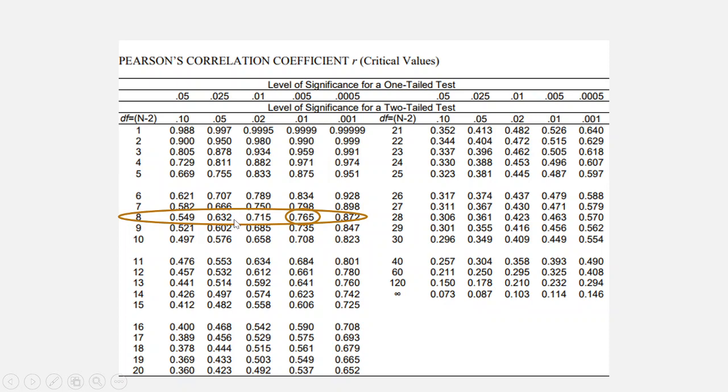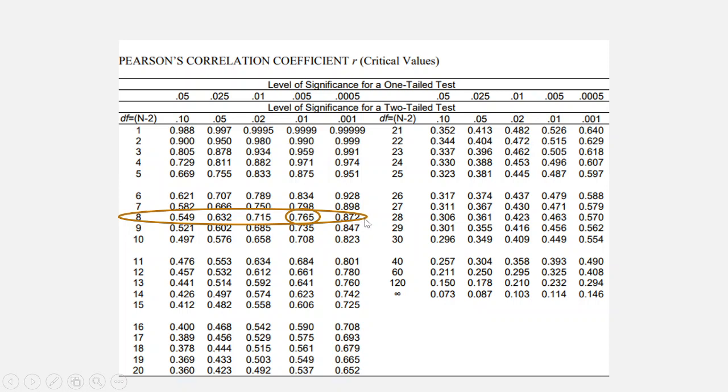But we also know that it made it past p equals 0.02 because 0.78 made it past 0.715. And it also made it past p equals 0.01, which is what SPSS told us, right? An r value of 0.78 even makes it past this p equals 0.01 bar, which you know because our obtained r exceeds that critical r for p equals 0.01. Now we don't make it past p equals 0.001 because that critical r is 0.872, as you can see here.